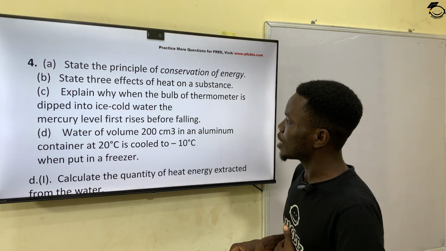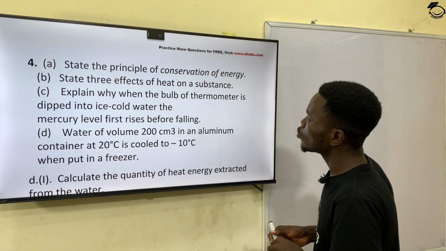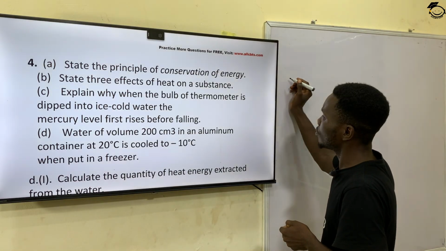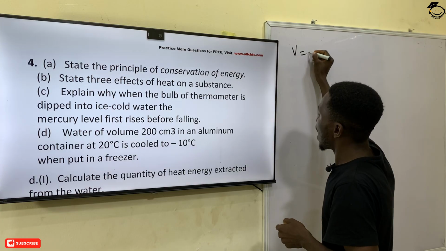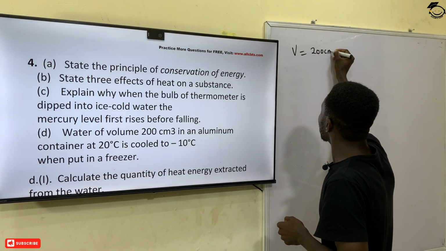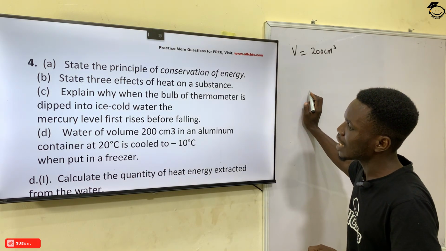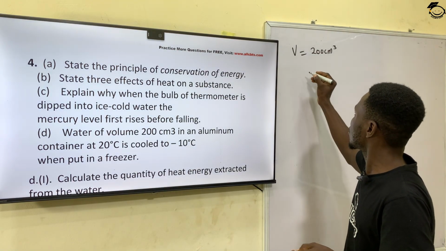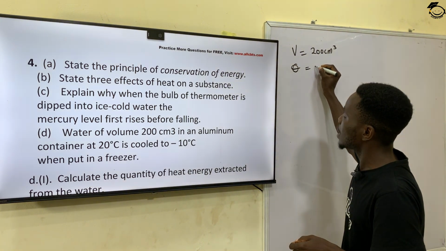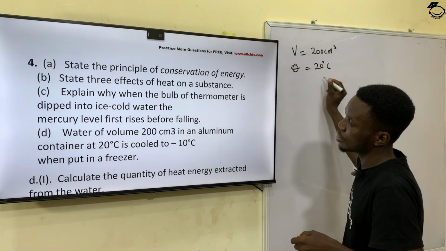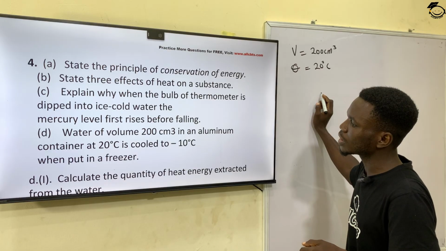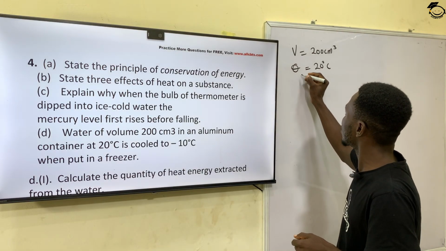Question number 4d says water of volume 200 centimeter cube. So we are given the volume as 200 centimeter cube in an aluminum container at 20 degrees Celsius. So we have the temperature as 20 degrees Celsius. Is cooled to minus 10 degrees Celsius.